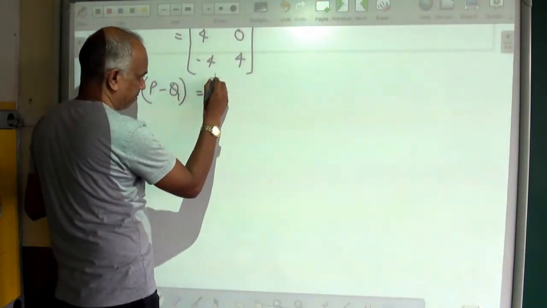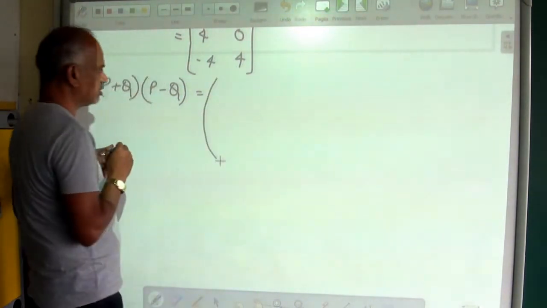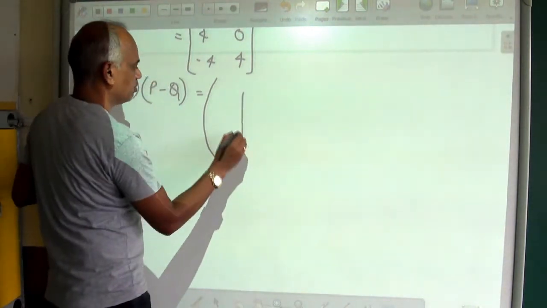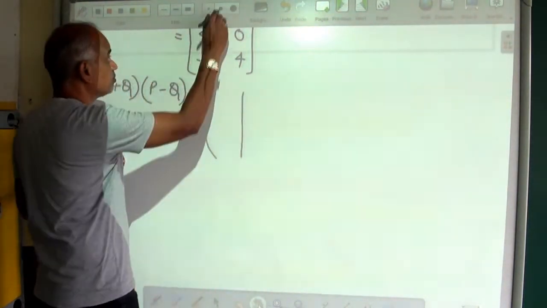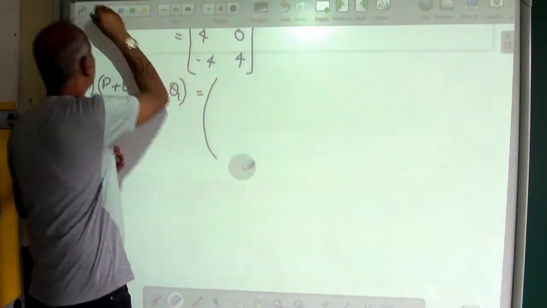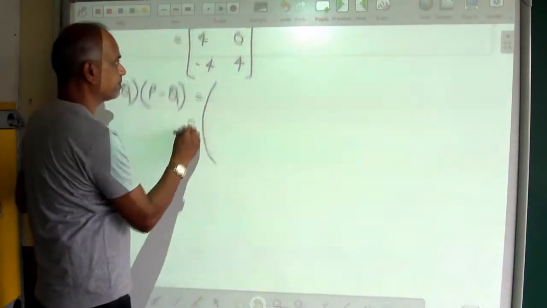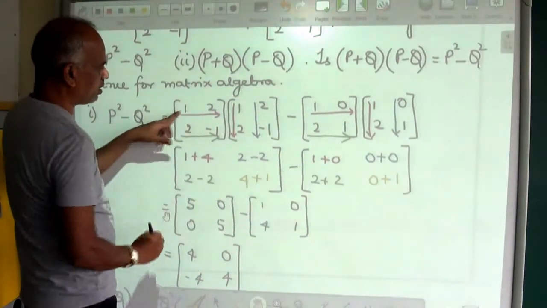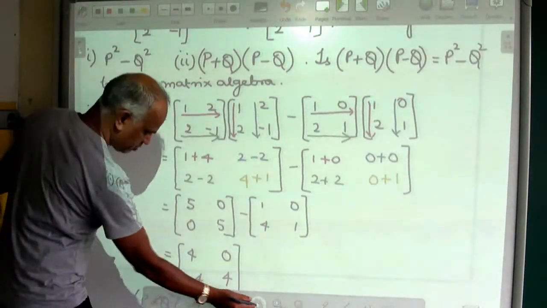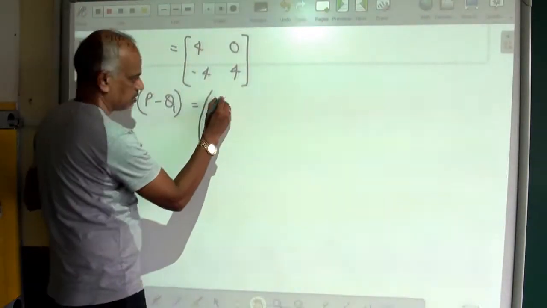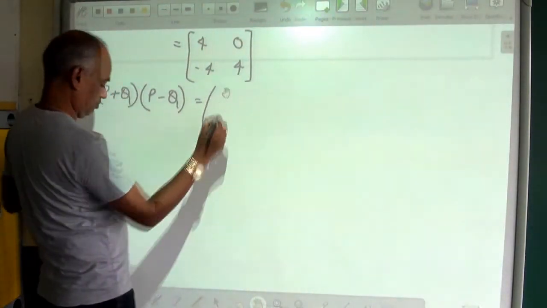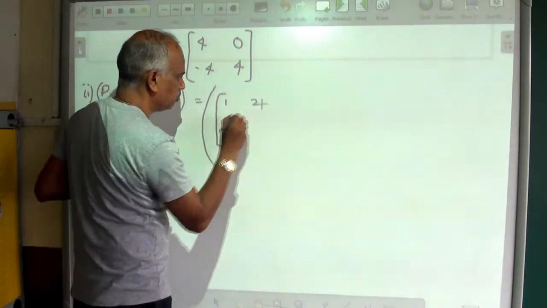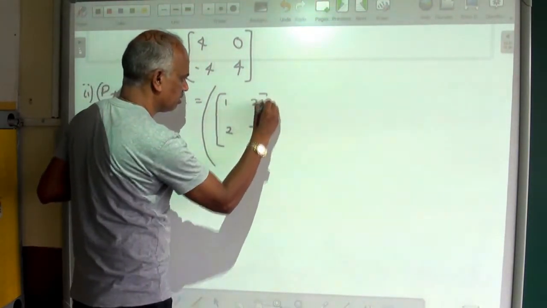I'll use brackets like this. First P. P is 1, 2, 2, minus 1.